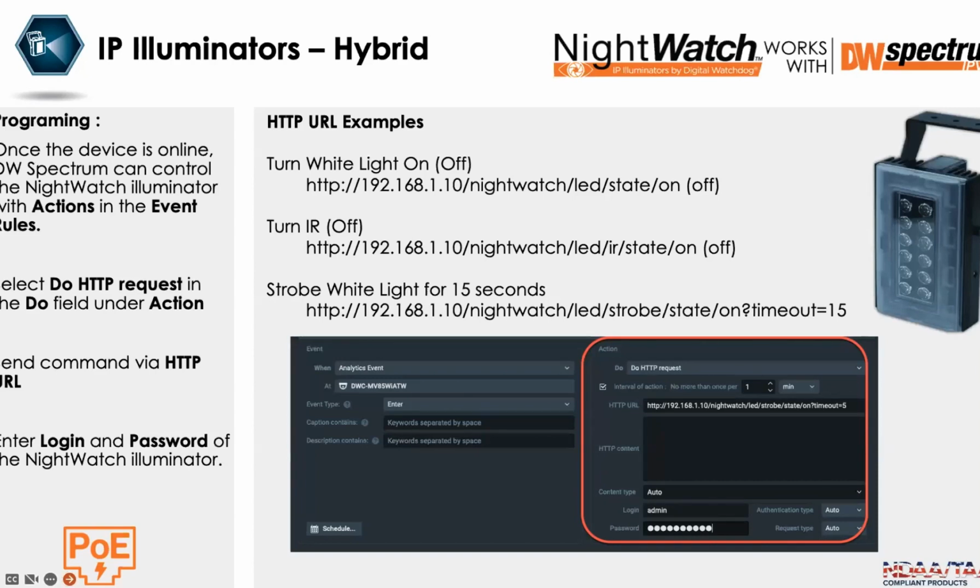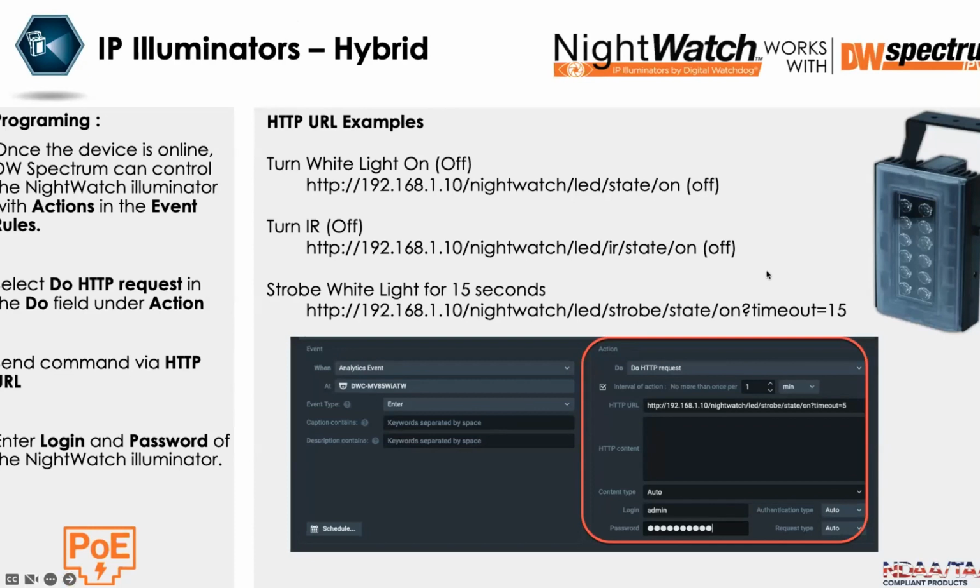Okay, so in the documents themselves, when you log into the web pages, there are icons you can click, which will bring up a built-in manual, which will give you the syntax structures you need. These are the default syntax examples where the IP address has not been changed. So to turn the light on or off, you simply put in the IP address / NightWatch / LED / state / on.